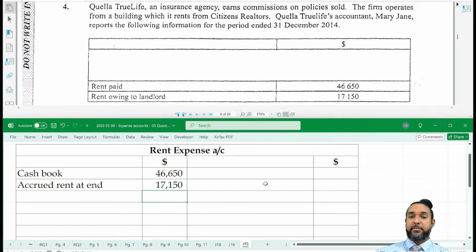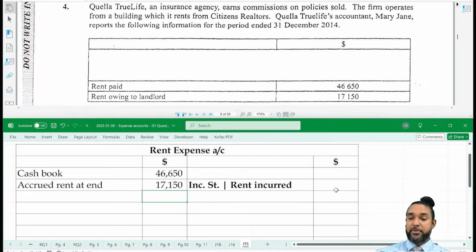Now, there's no other information with respect to rent. So what we are missing and what needs to be in an expense account, once you're writing up an expense account, is the income statement figure or the amount incurred in respect of the expense, right? So the income statement figure, or you could put rent incurred, right? I like income statement, right? So income statement or rent incurred, right?